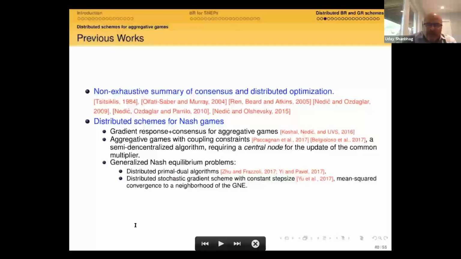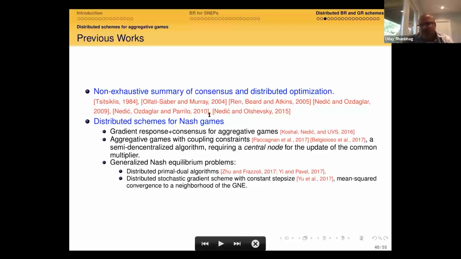So here's a non-exhaustive summary of previous work on consensus and distributed optimization. The earliest work, of course, is the dissertation by John Tsitsiklis in '84, and this is an extremely well-studied area. Amongst the more storied references is the work by Angelia Nedic and Asuman Ozdaglar in '09 and '10.